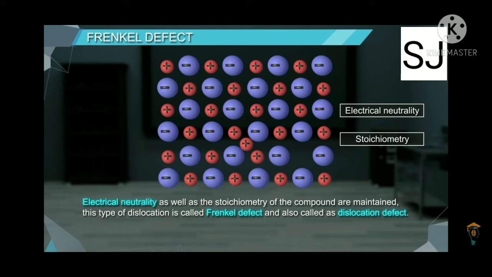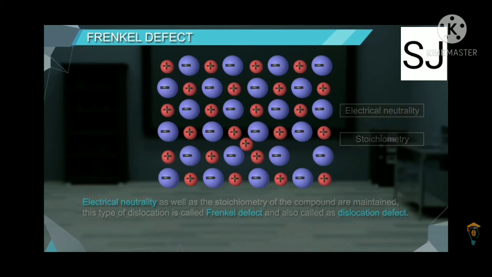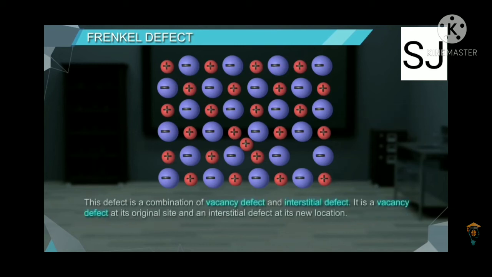Why? Because the number of charges remains the same, as well as the stoichiometry of the compound, that is also maintained in this defect. Why? Because in this case the formula of the compound will not change. So this defect is a combination of vacancy defect and interstitial defect.